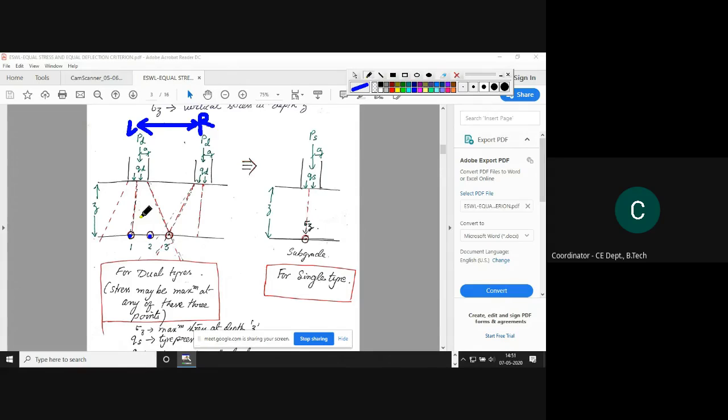Suppose they say that point X is here, at this much distance, say R, from the left wheel. They will give it like this also. In that case also we can find the ESWL. But as of now we must know these are the 3 critical points.